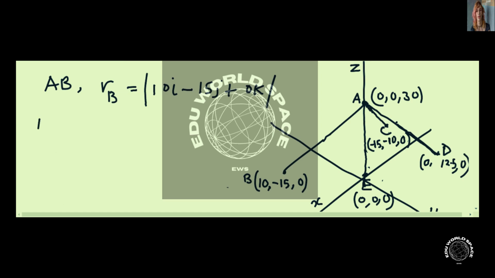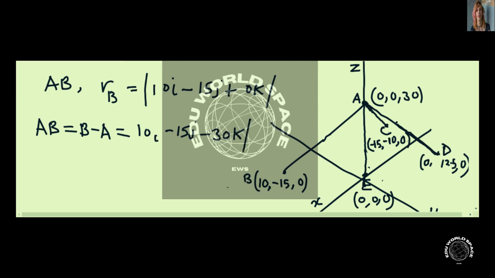Now we can look for AB. AB is actually B minus A. If you do that, you are going to have AB equal to 10i minus 15j minus 30k.